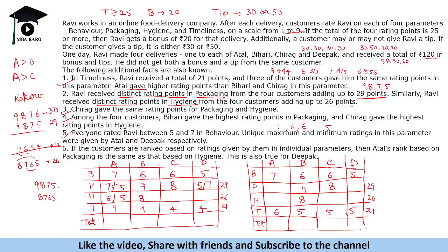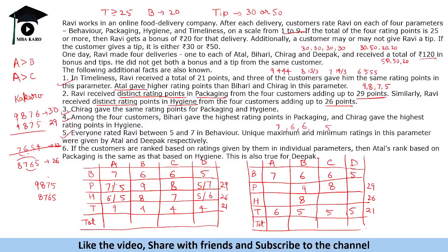Now, what about this point? So it says that Deepak's ranking has to be the same. So if he's the fourth ranker here, he needs to give 5 points here. If he's the third ranker here, 7 points, so he needs to have the third rank, which is 6 points. So this automatically means that 7 points goes from this person, whatever the Chirag.